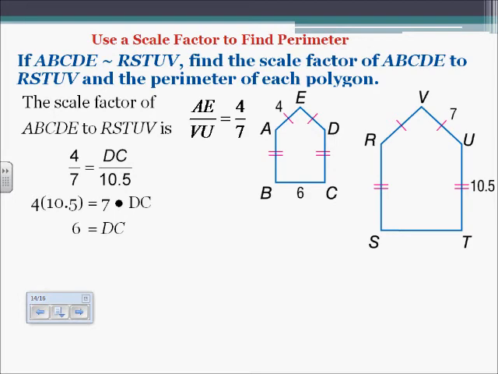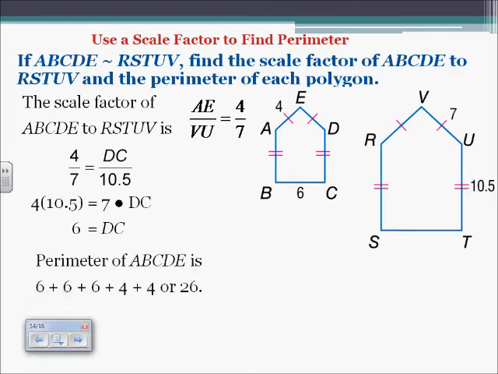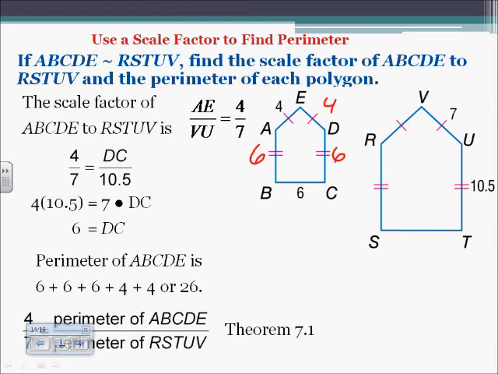Once we know that DC is equal to 6, we can find the perimeter of the two figures by filling in the information we know. This side's going to be 6, this side's going to be 4, and then we can just sum it together. So the perimeter of ABCDE is 6 plus 6 plus 6 plus 4 plus 4, or 26. And 4/7 is our scale factor.